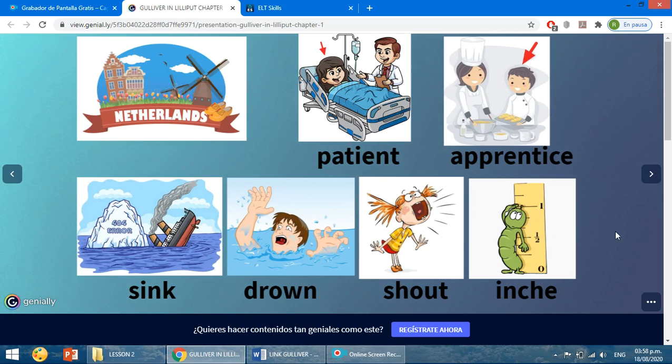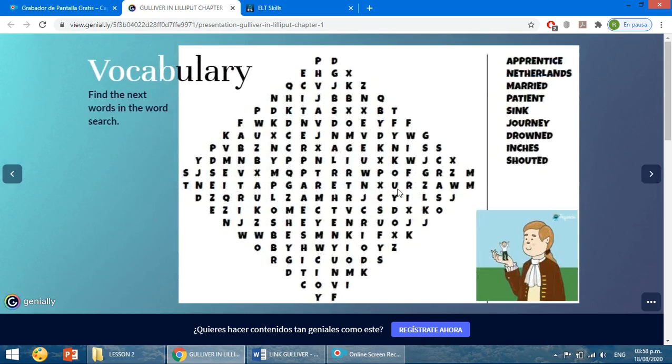Okay, this is our vocabulary. Let's find it in the word search. This is a video, so you can pause it. Find these words. The vocabulary: apprentice, Netherlands, married, patient, sink, journey, drowned, inches, and shouted.